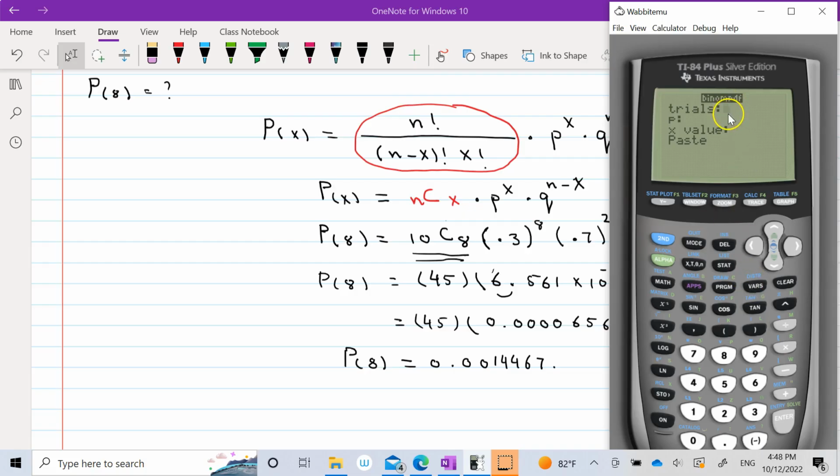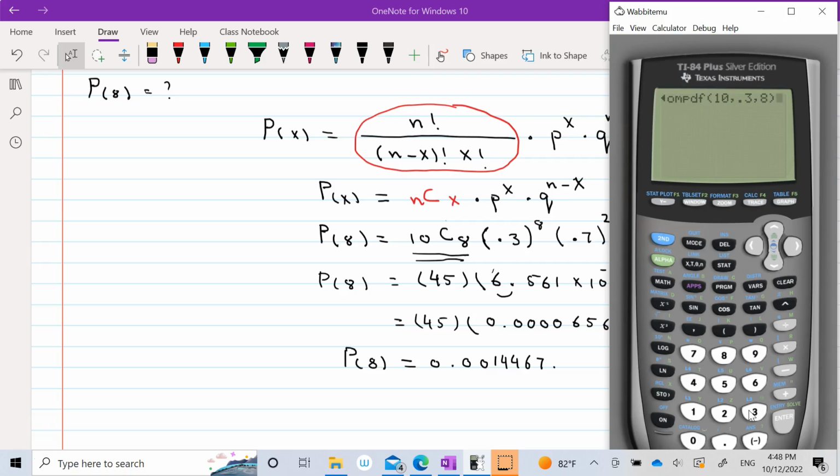Your calculator is asking you how many trials. We have 10 trials, right? Punch 10. Move down. Your calculator is asking for probability of success. Your probability of success was 0.3, right? 0.3. Down, asking for x. How much was x? The number of successes, 8. Correct? Punch 8.